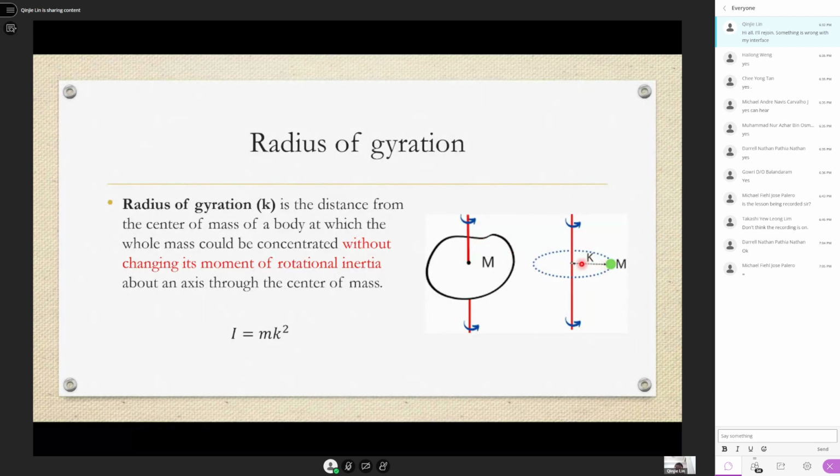This distance away is our radius of gyration. Moment of inertia is mr square, that's why the moment of inertia equals mk square, because this k is actually the distance from the axis to that imaginary point. So this is by definition the radius of gyration.